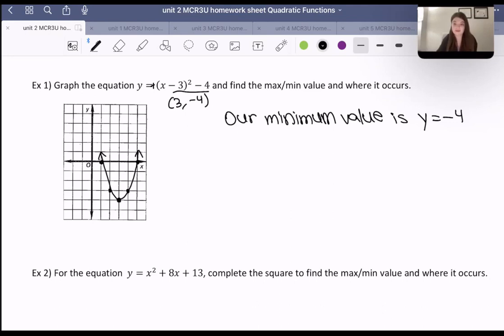That's our k value, the y coordinate of the vertex. And it always occurs at the x coordinate of the vertex, or axis of symmetry, which in this case is 3. So it occurs at x equals 3.